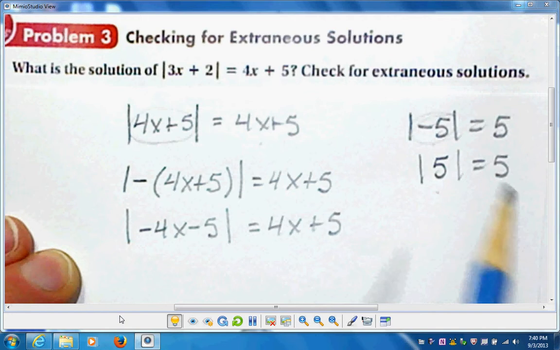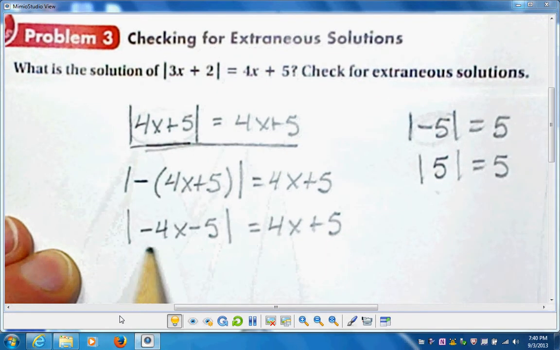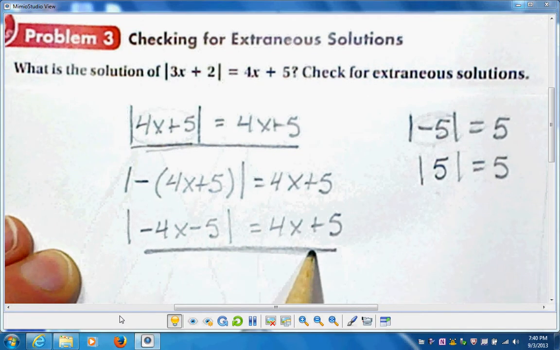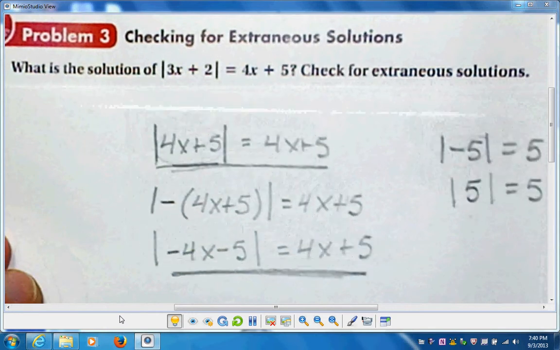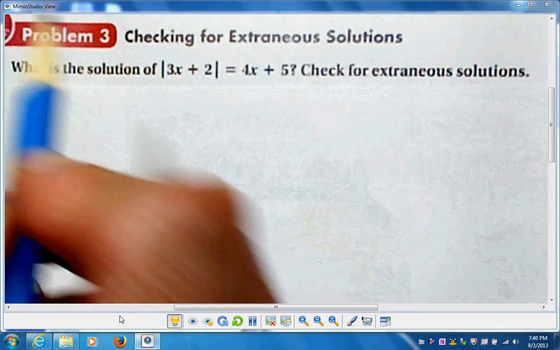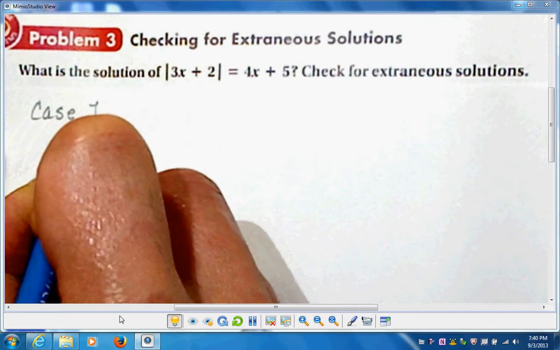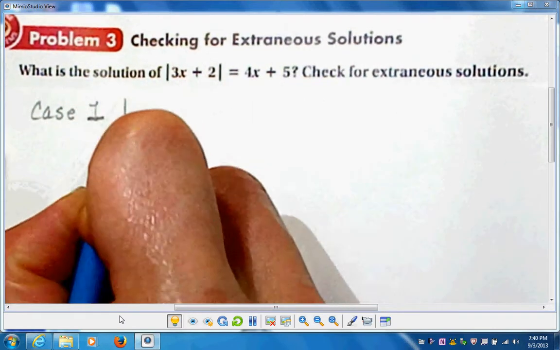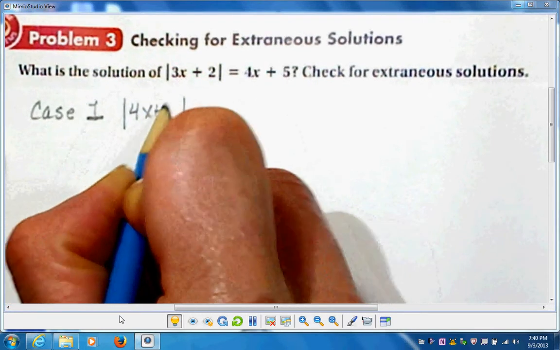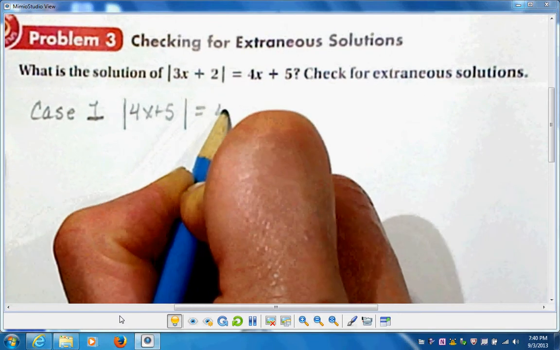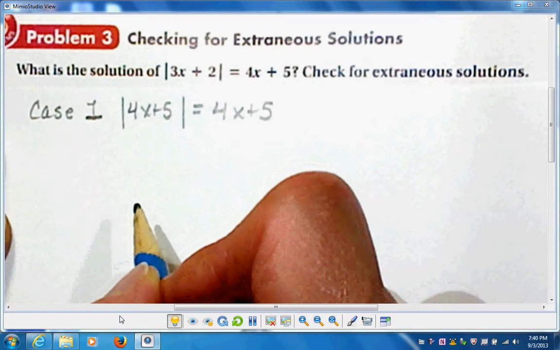Okay? So I'm going to rewrite that again, and we're going to think about this idea right here. This is what we're going to keep in mind when we do case 1 and case 2. So we have case 1, and we've been using case 1 as whatever is inside is positive. So we know that 4x plus 5 has to equal 4x plus 5. That's what we're thinking to help us set up case 1.